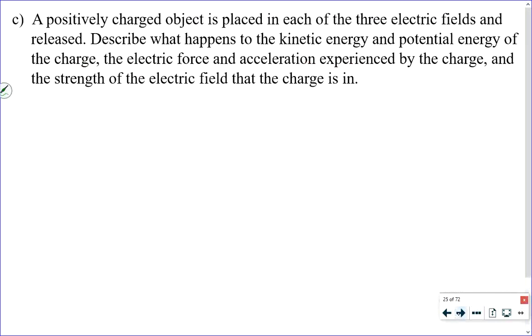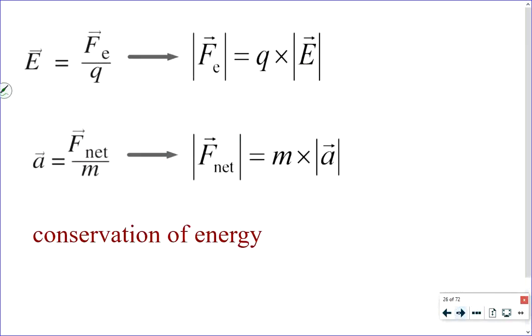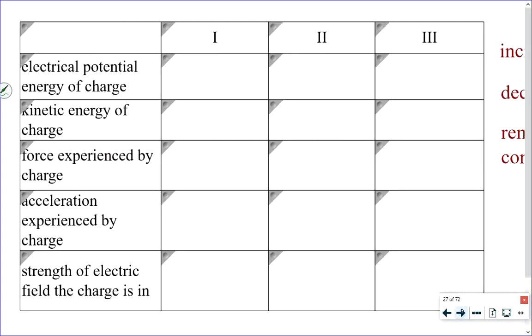The question is, what will happen to, I'm going to come back to that. I'm going to start off with the force experienced by the charge. Take a look at your positive object put in field 1. Which way will it be forced? Towards the source or away? Away.